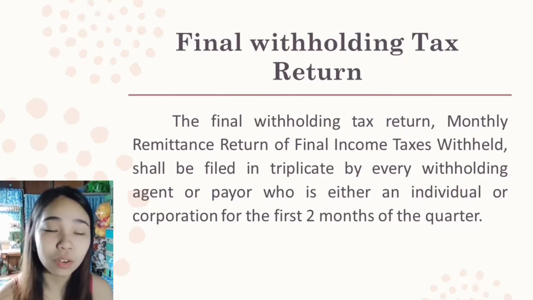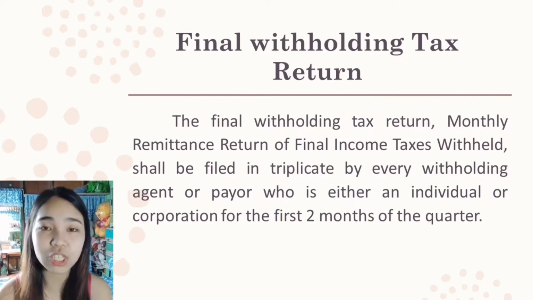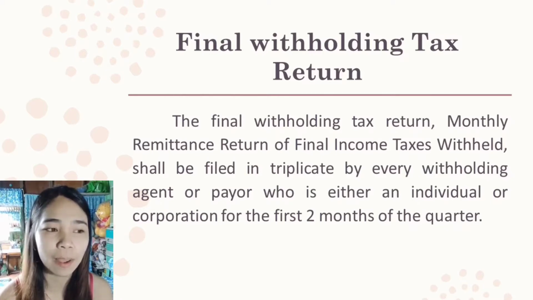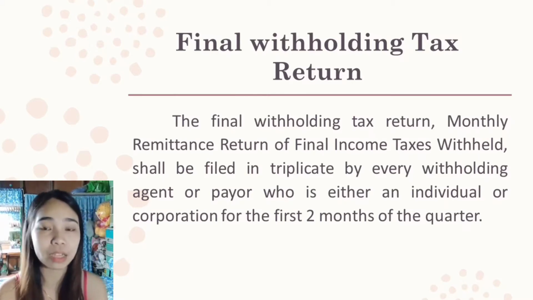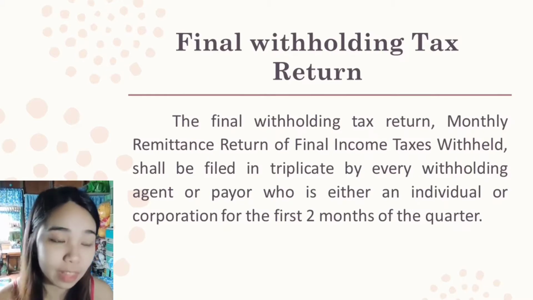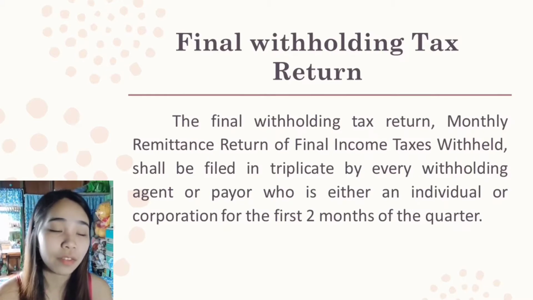This is a kind of withholding tax which is prescribed on a certain income payment and it is not creditable against the income tax due to pay on other income subject to regular rates of tax for the taxable year.